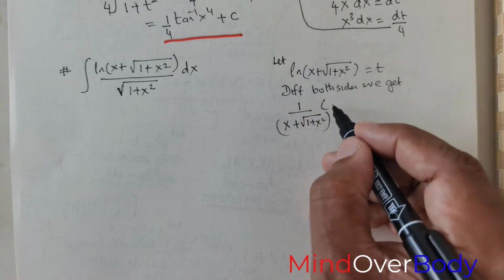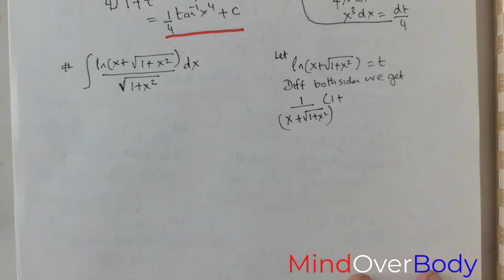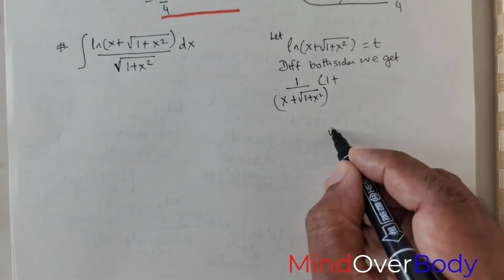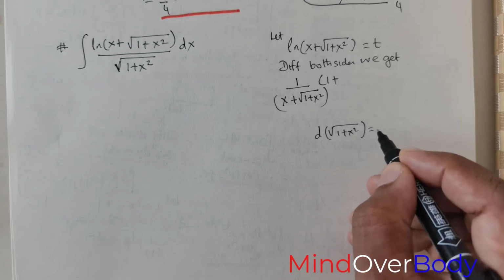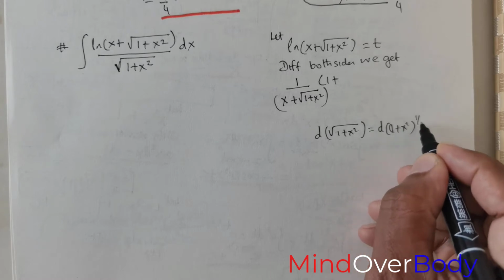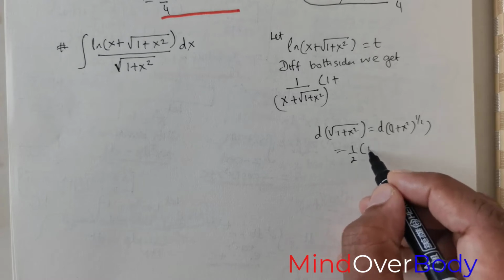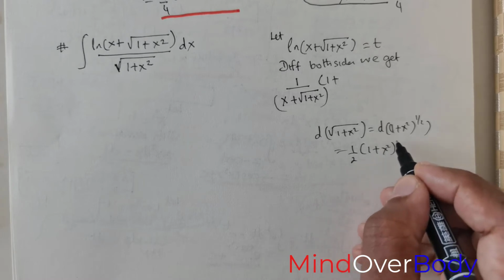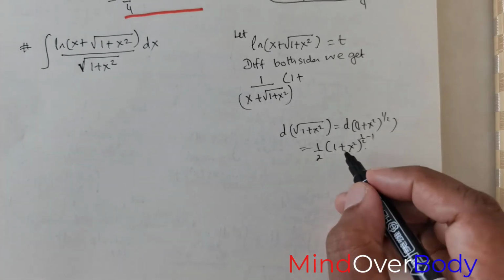So differentiation of x is 1. Now we need to differentiate, let me just show that to you over here. We need to differentiate root of 1 plus x squared. Now this is nothing but 1 plus x squared raised to the power of half. So if you were to differentiate this, this is going to be 1 over 2 times 1 plus x squared raised to the power of half minus 1, times the differentiation of 1 plus x squared. The differentiation of 1 is 0.